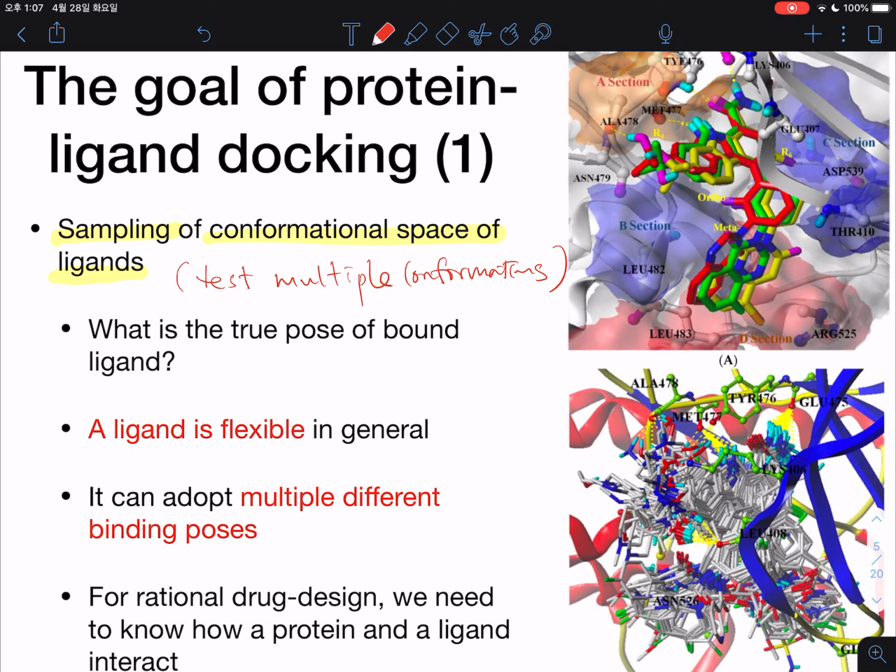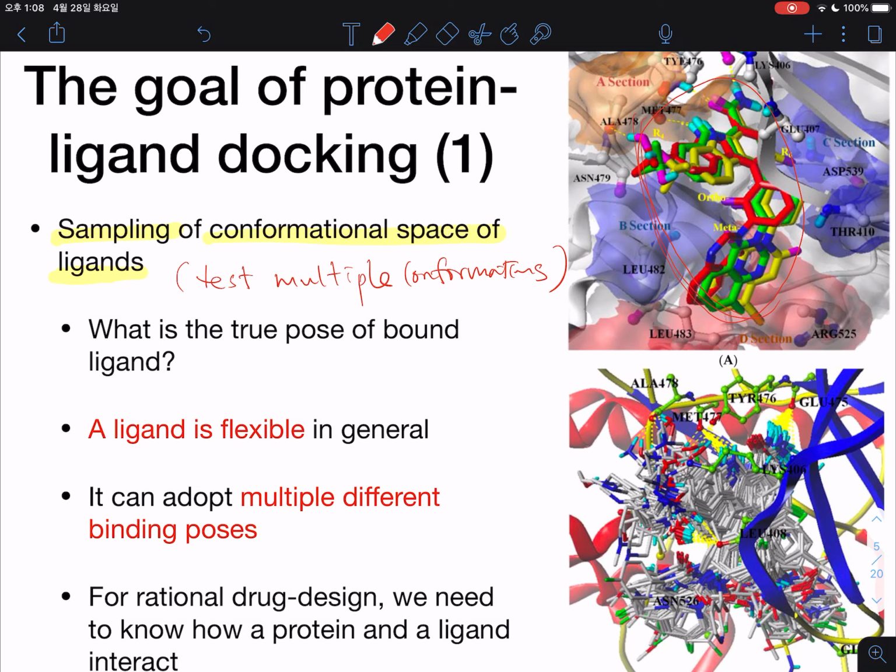Let's take a look at the example on the right side. It shows some docking results of small molecules and a protein receptor.